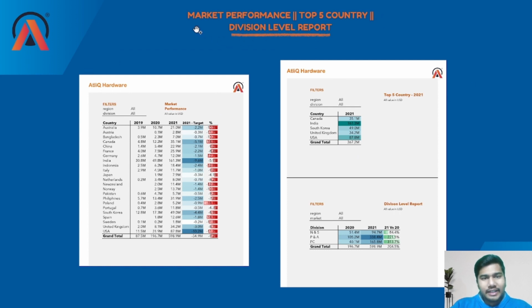Now coming to the next report, market performance, top 5 country and divisional level report. So in market performance, we got the data of the target for the year 2021. So in the major section, we subtract the real actual sale of 2021 from the target one. So we got this, and mostly we are seeing the numbers in negative.